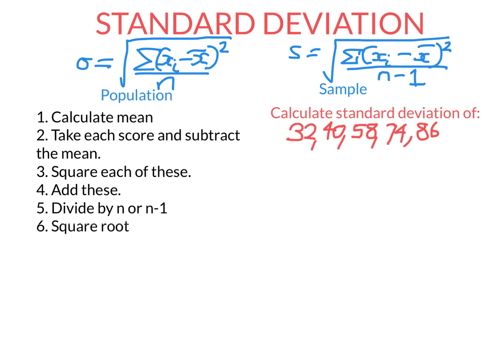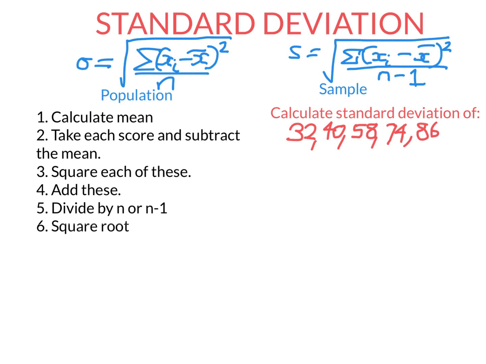So how do we actually calculate the standard deviation? Well, we use either of these formulas. They're very similar. They only differ in that in one you divide by n and in the other you divide by n minus 1. So how do you know which to use? You use this one when dealing with a population, this one with a sample. What's the difference? Population includes everyone, sample is just a subset.